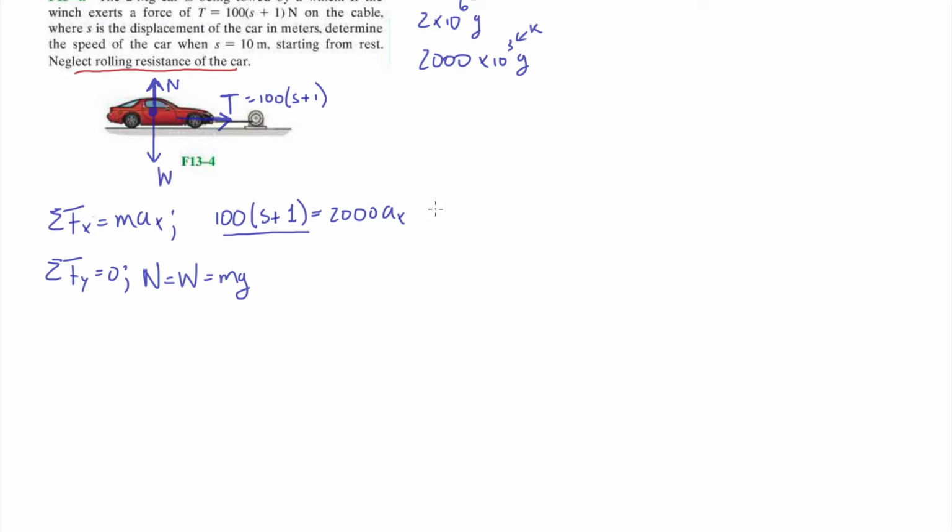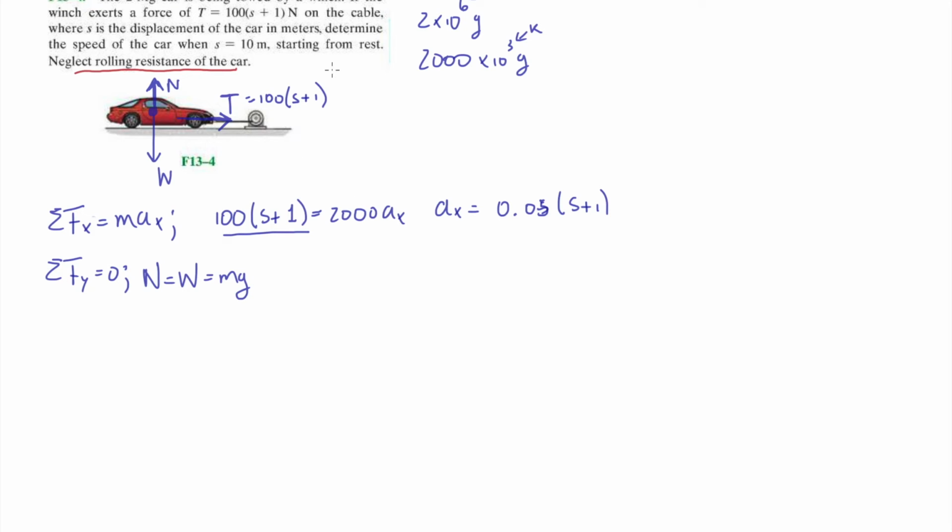If we isolate the acceleration term, we get 100 divided by 2,000. Let's see what we get: 0.05 s plus 1.